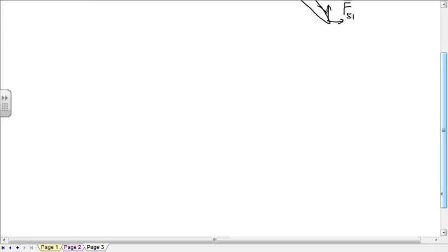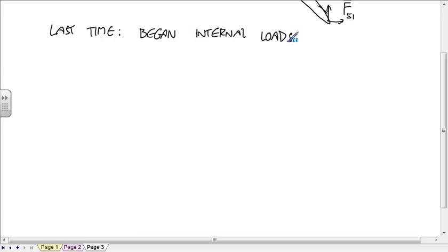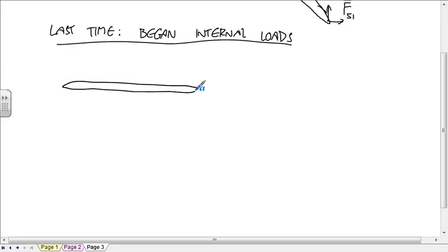Okay, so last time we started talking about internal loads. And I brought up a problem where we had a beam with 500 newtons acting down there, 500 acting down there, and 1,000 up here.